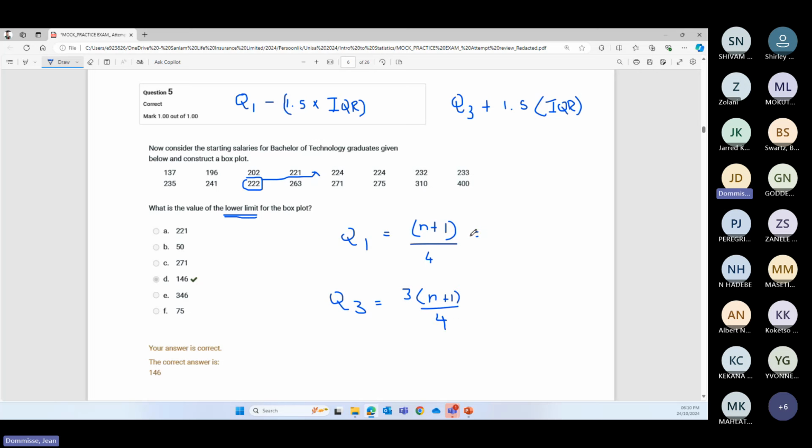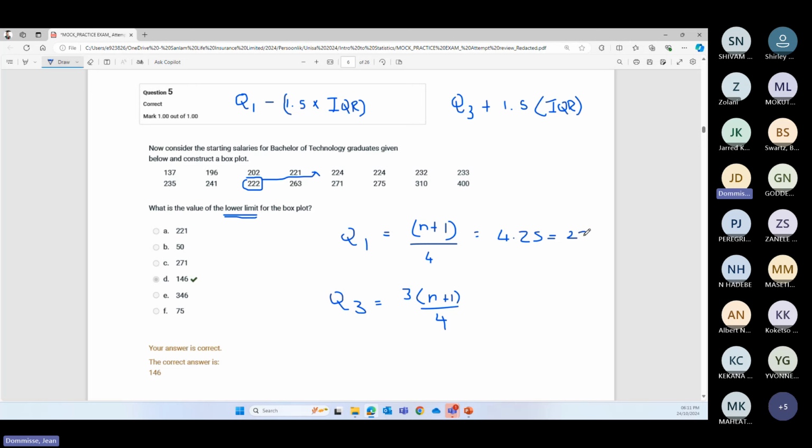So that one, n they said was 16. So 16 plus 1 is 17. 17 divided by 4 is 4.25. So the closest one is 4. So it will be 1, 2, 3, 4.